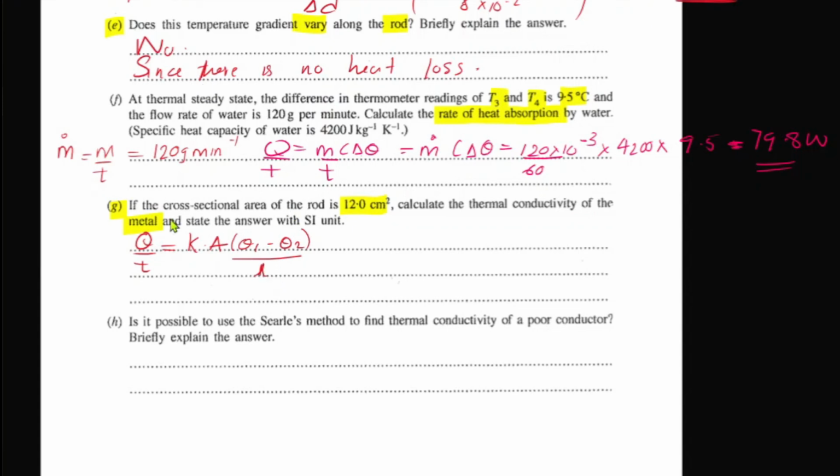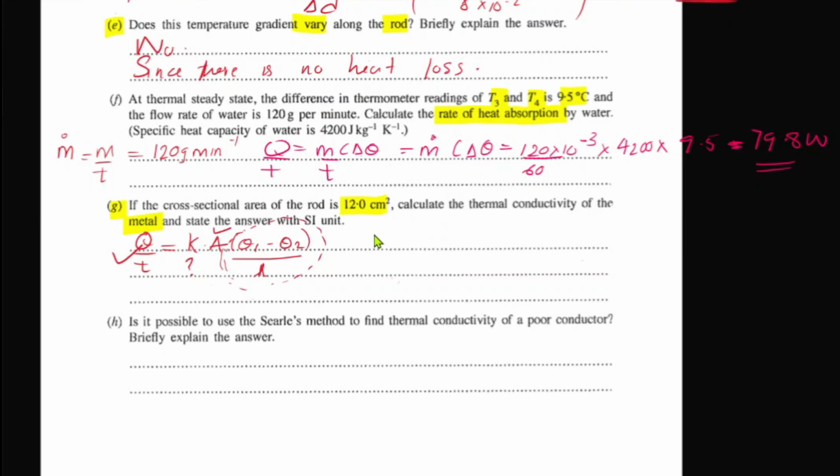So the rate of heat absorbed is equal to this value, KA times the temperature gradient. We already know this value, and what we need to find is K. They have given the other values as well.